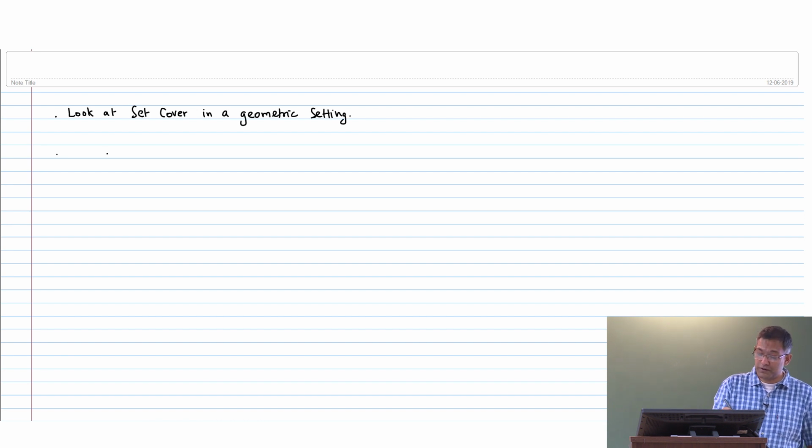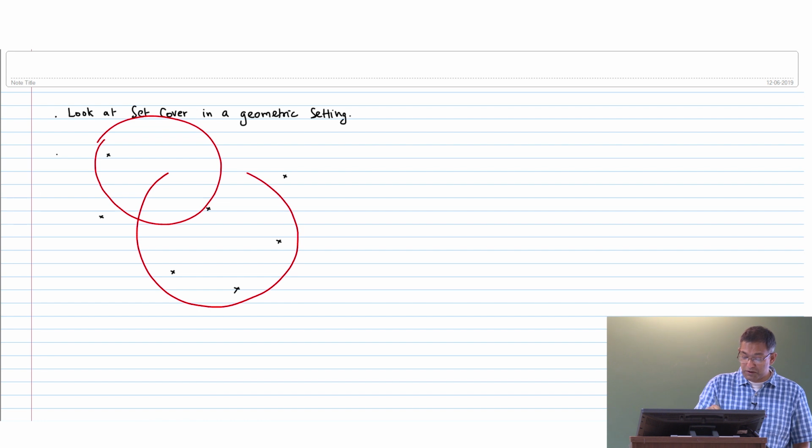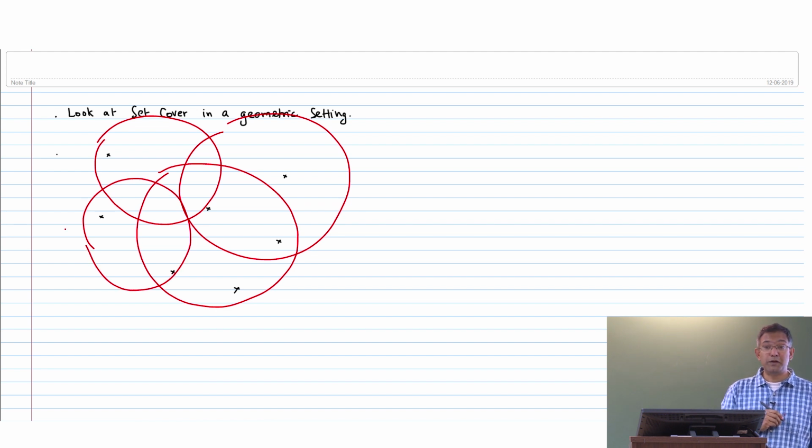For example, these points might be users, and the disks may correspond to the transmission range of some radio towers, and maybe you want to only switch on the smallest number of radio towers so that every user still has signal, every user is still covered.